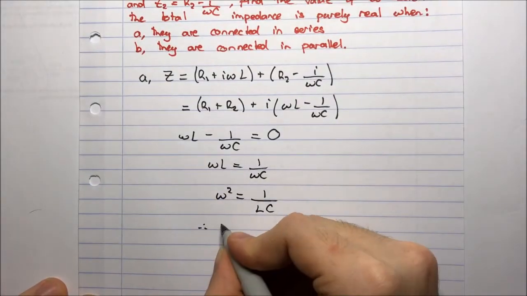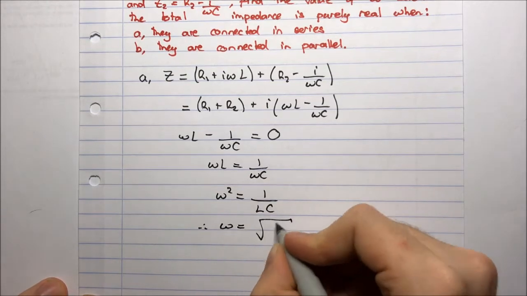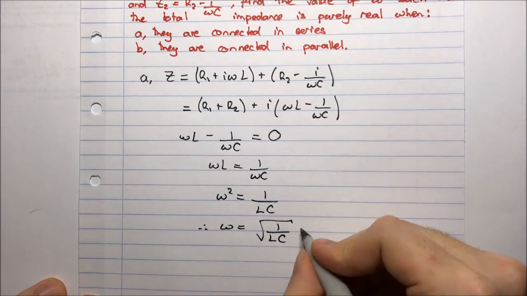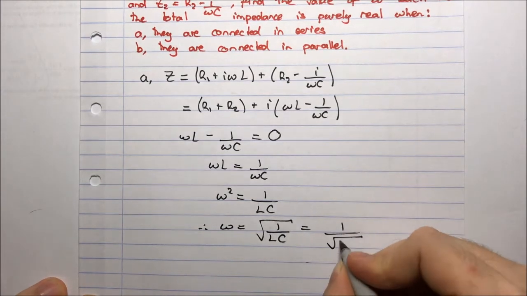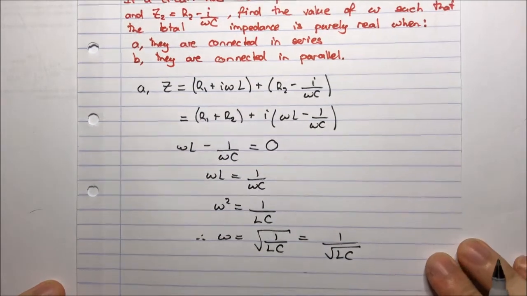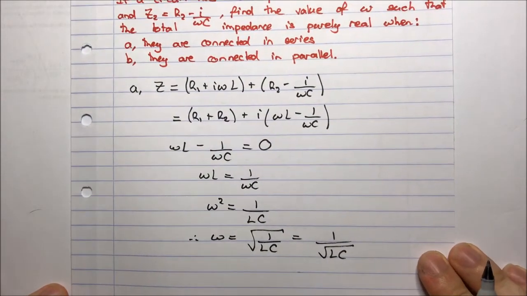And so therefore omega equals the square root of 1 over LC, or 1 over the square root of LC. And that's our value for omega, which will make a series connection of these two resistances purely real.